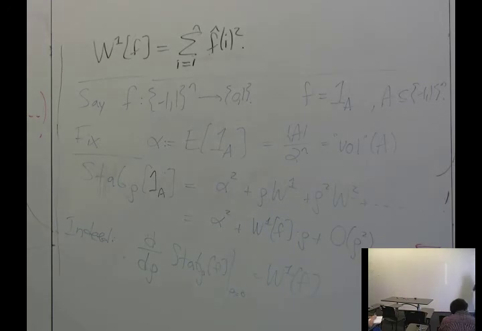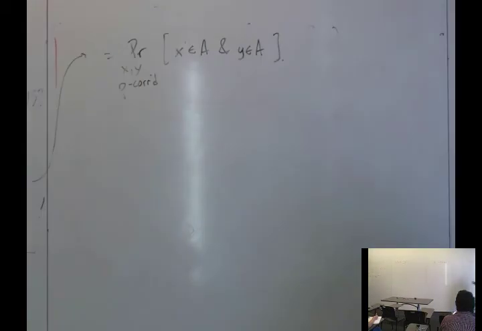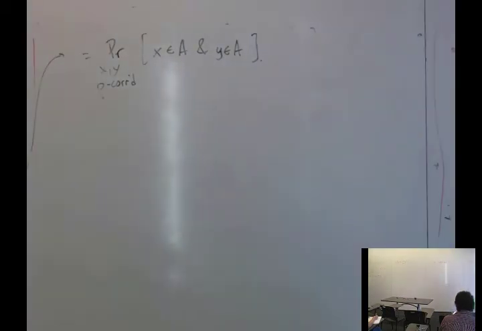Okay, but this function is just the indicator of A, so I may write this as the probability that x is in A and y is in A. Okay, it's the probability if you pick two correlated strings that they both land into A.